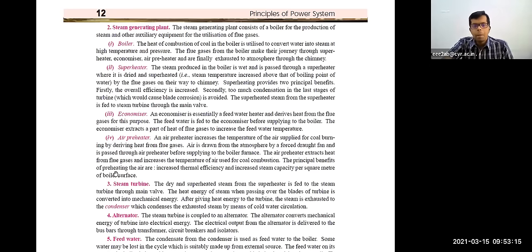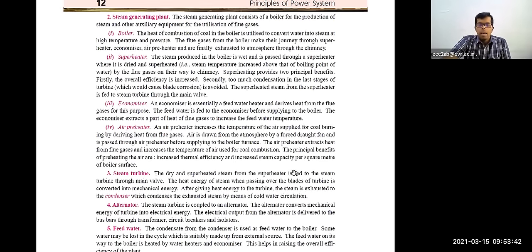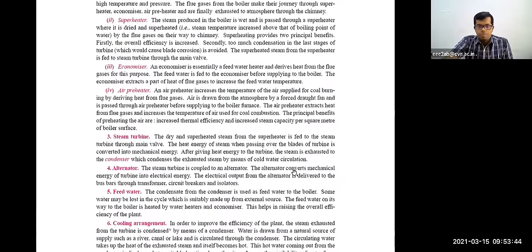The principal benefits of preheating air are increasing the thermal efficiency, as I already said, and also increasing the steam capacity per square meter. If we give preheated air, the steam capacity also increases.